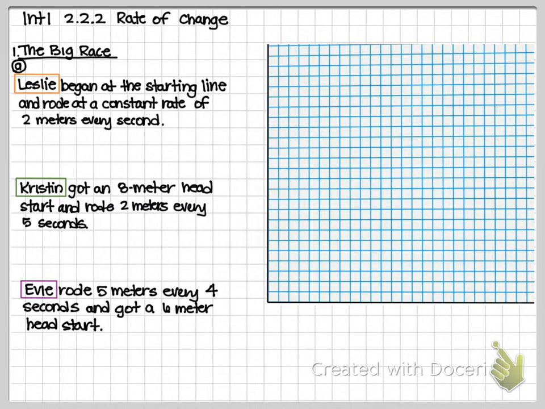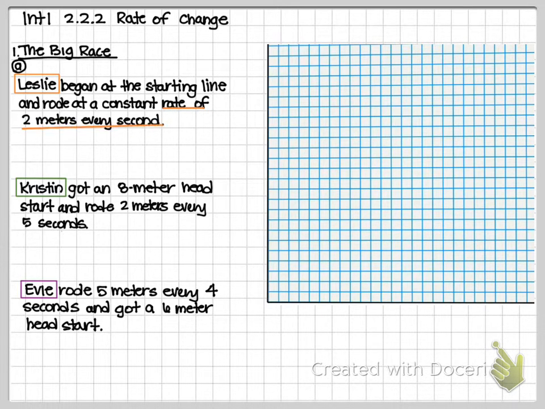Okay, so what we have here is a couple pieces of information. We know that Leslie's going to start or begin at the starting line, and that she rode at a constant rate. As soon as I see this rate business, I am going to be thinking of slope. So I do want to take a look at this rate of 2 meters every second.